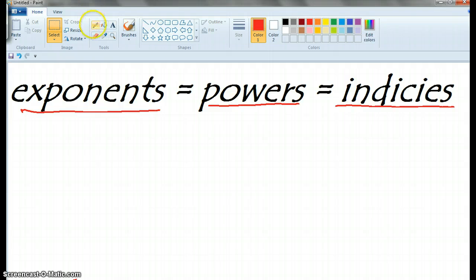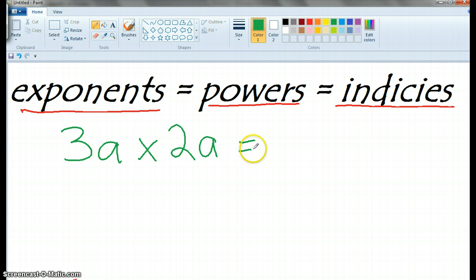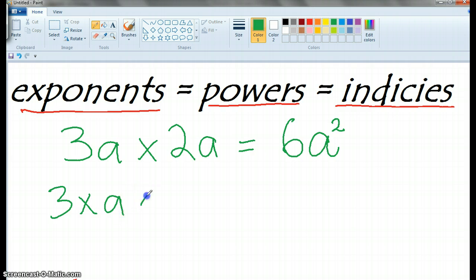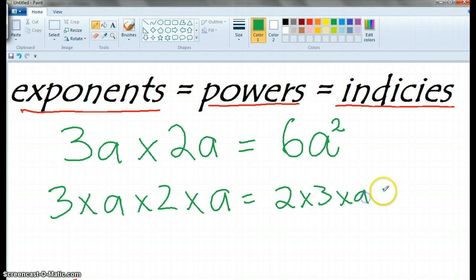If I have 3a times 2a, what would that be? 6a squared. Okay, because it's 3 times a times 2 times a, which is the same as 2 times 3 times a times a. And a times a is a squared.